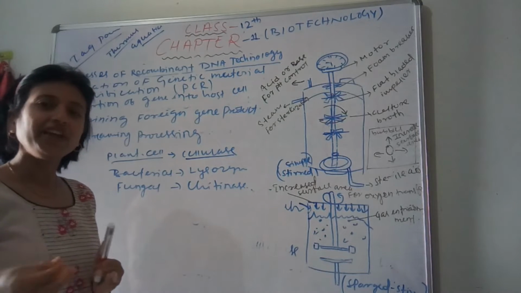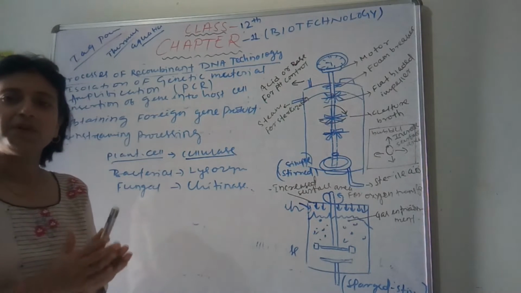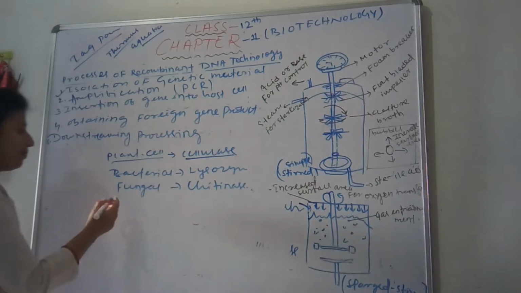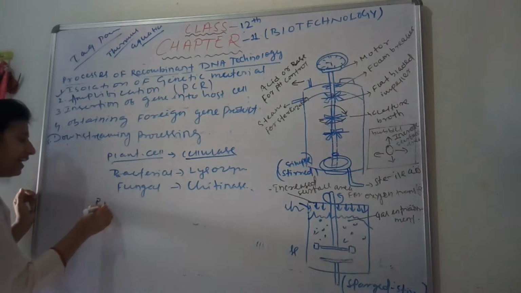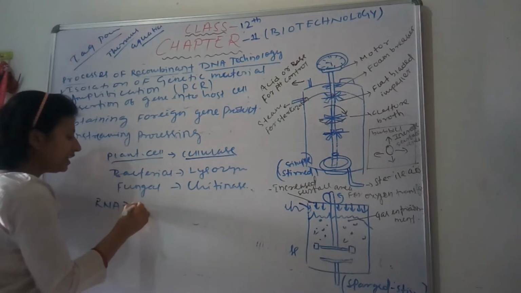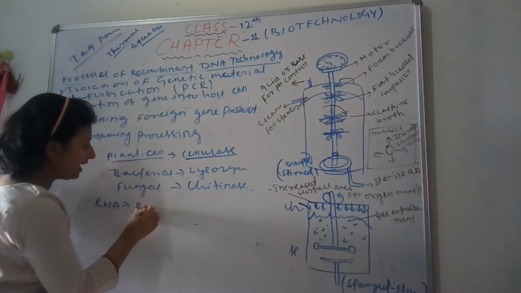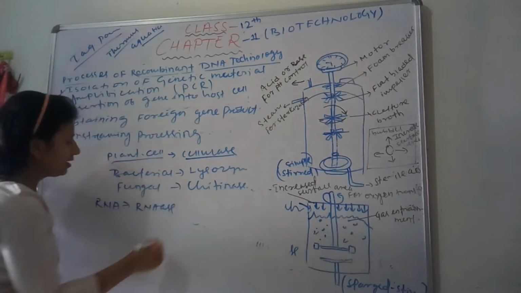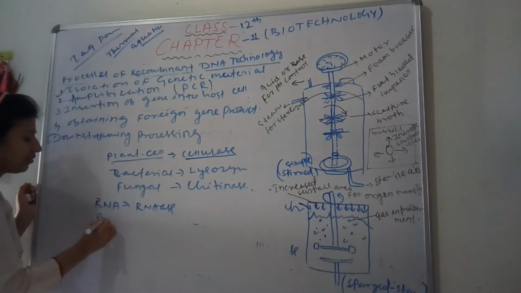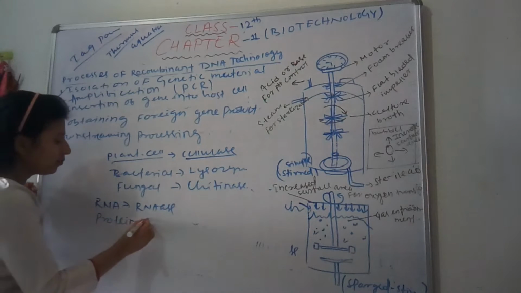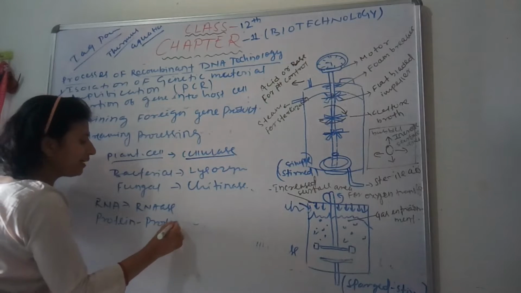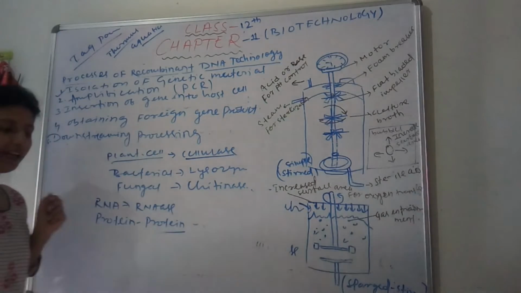For that we again need some enzymes. For digestion of RNA, we need the enzyme ribonuclease or RNase. For digestion of protein, we need protease. In this way, we are able to get only DNA.